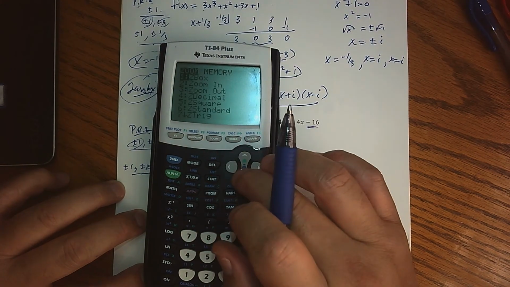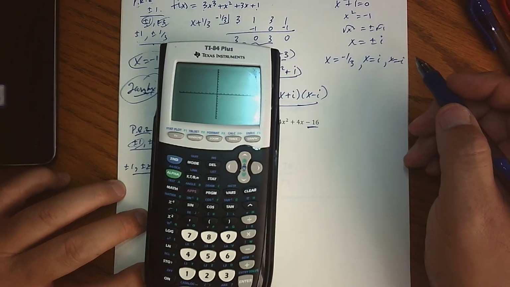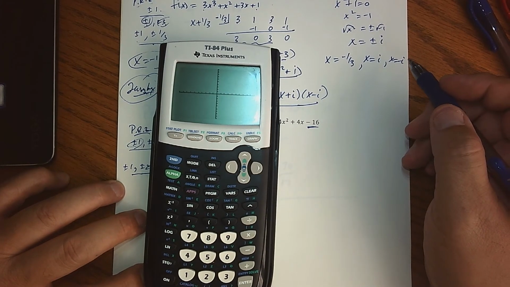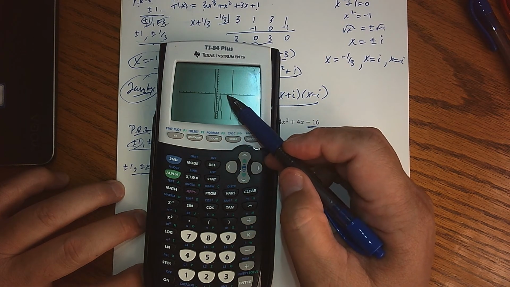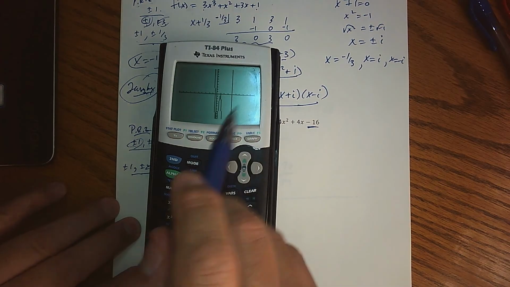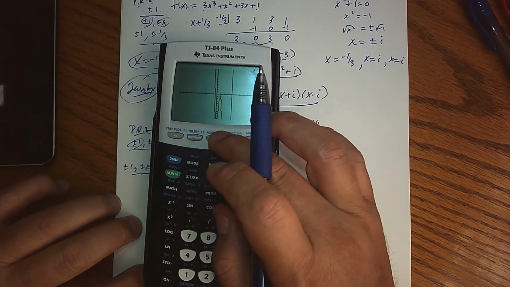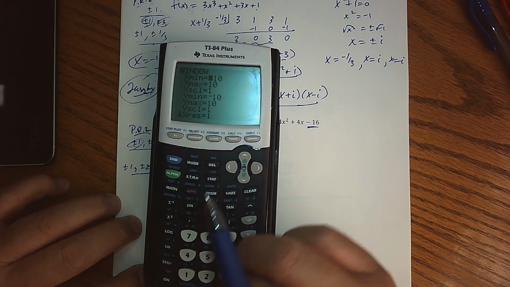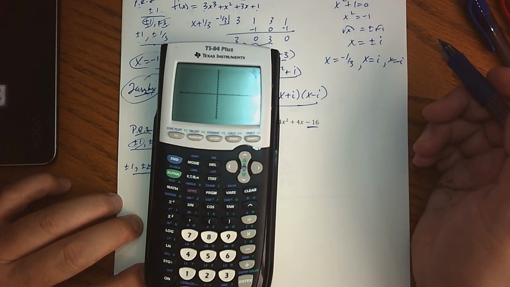How about I zoom standard? Let's go back to our standard viewing rectangle. And now that I got the function on, hopefully it's going to graph here. Whoa, okay. How about we zoom in this area? 1, 2, 3. Looks like x equals 4 is one of them. But let's go to the window, go from -5 to 5, and then go graph it.